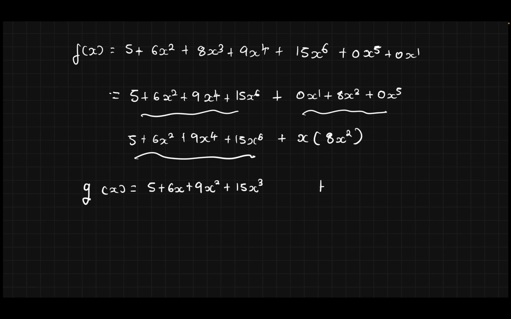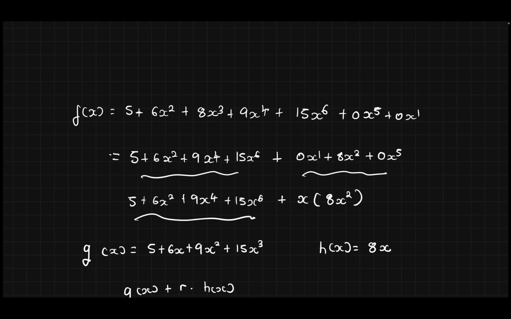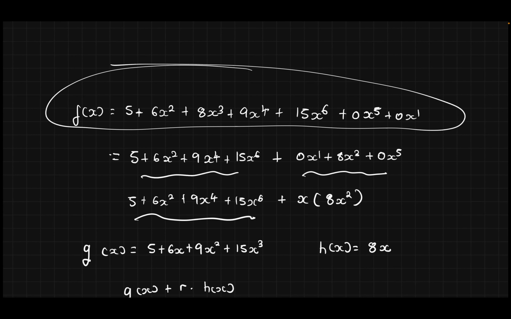Then for the other one, that's 8x. Right? So your folded polynomial is now going to be g of x plus r times h of x. This is the polynomial that we're going to use to generate the next code word. This one was what you used to generate the first code word, right?